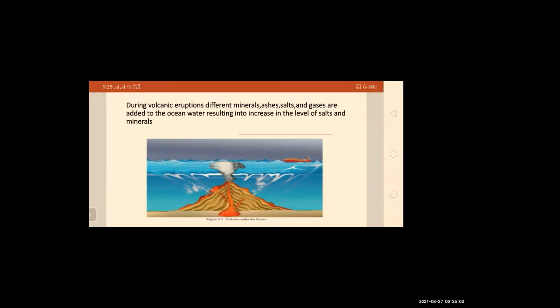All these things increase the level of salts and minerals in oceanic water. And if the level of salt and minerals is increased in the ocean, then it makes the water more salty. So these are the three reasons behind the salinity of oceanic water.